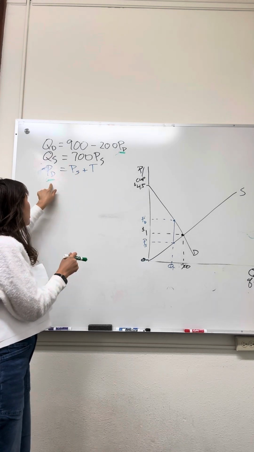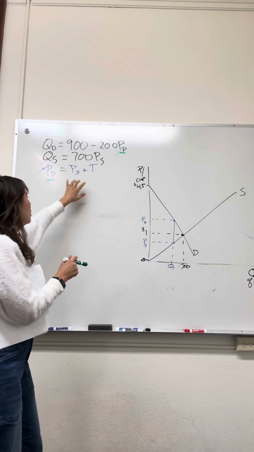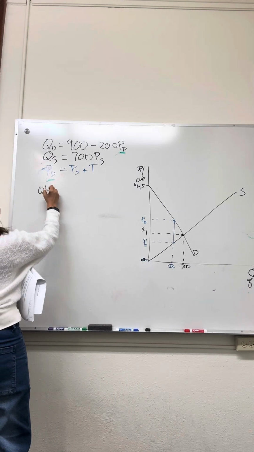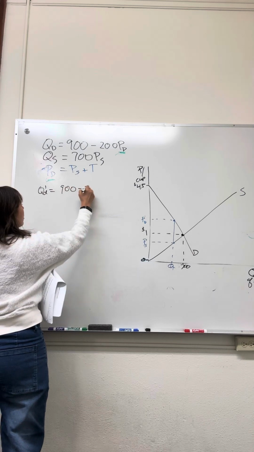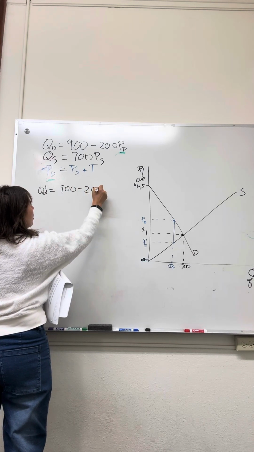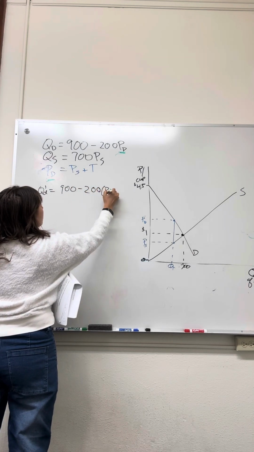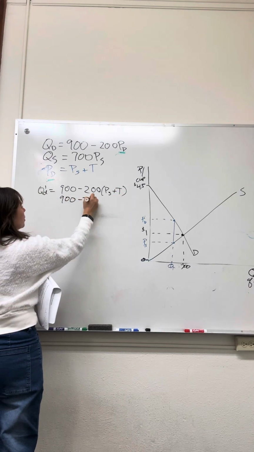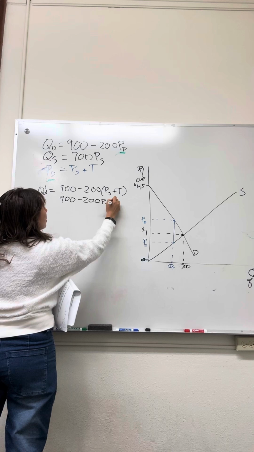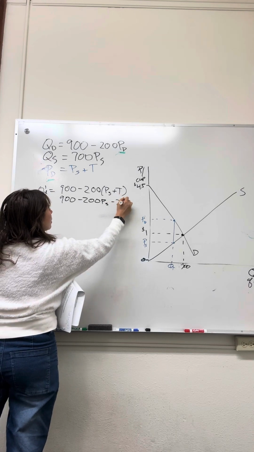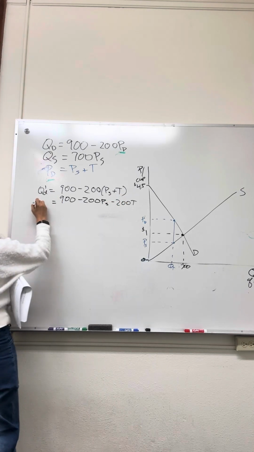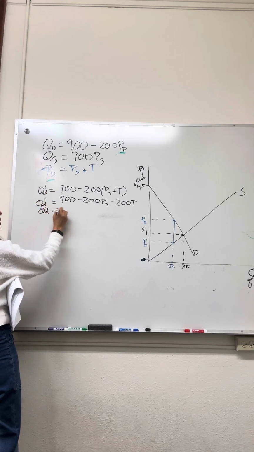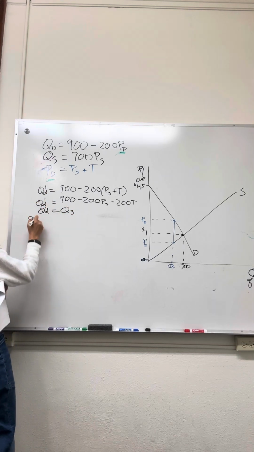So we're going to insert, I see a PD here and a PD here, we're going to insert PS plus T and get this function for QD that considers the tax, okay? So I'm going to distribute the negative 200, and I end up getting the following equation for QD prime. I'm now going to set QD prime equal to QS.